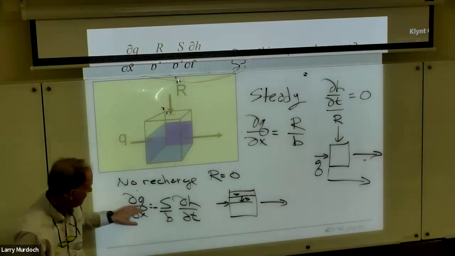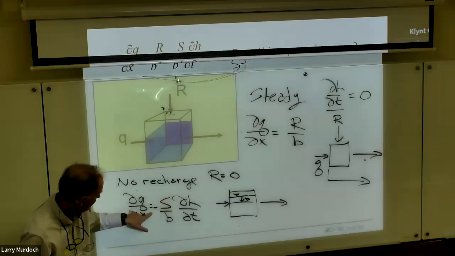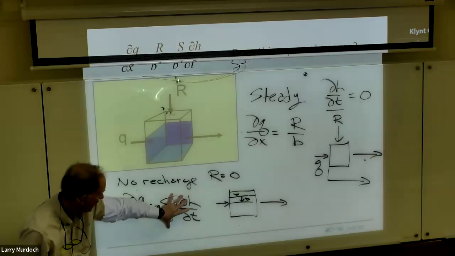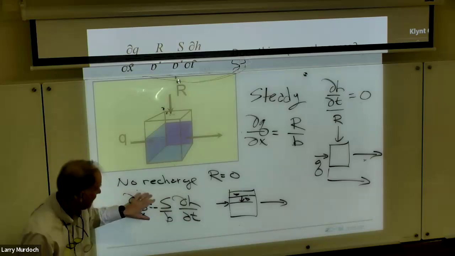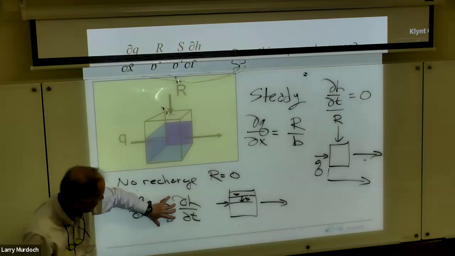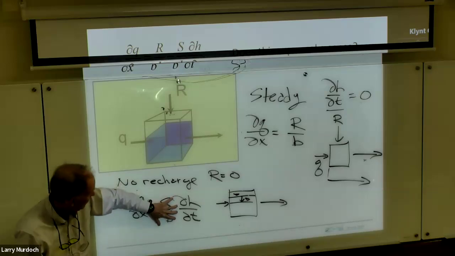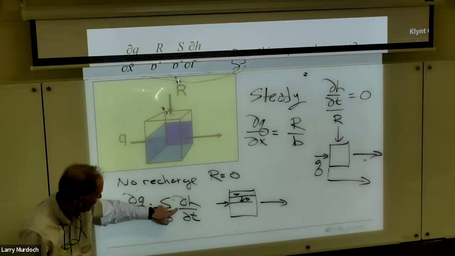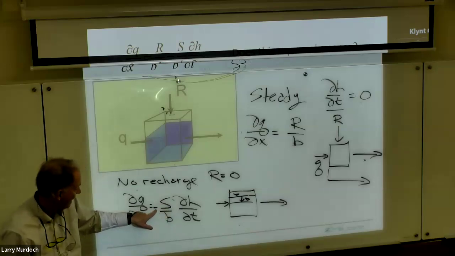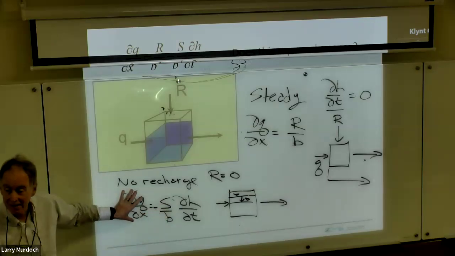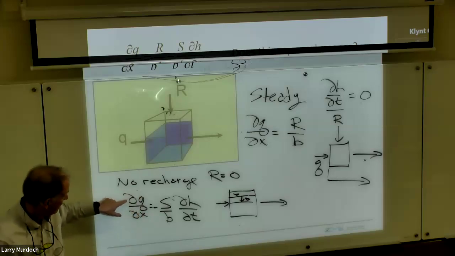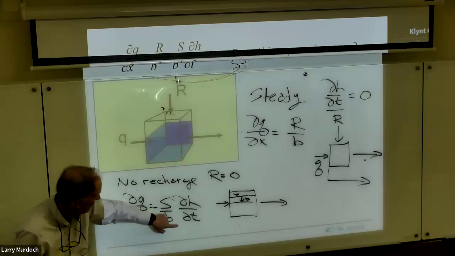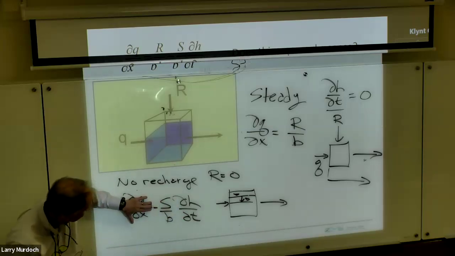So if this is positive, then this must be negative. So you can take the negative dH dt, multiply by a minus sign, and have this side be positive. Right? So if that's positive, this side must be positive.